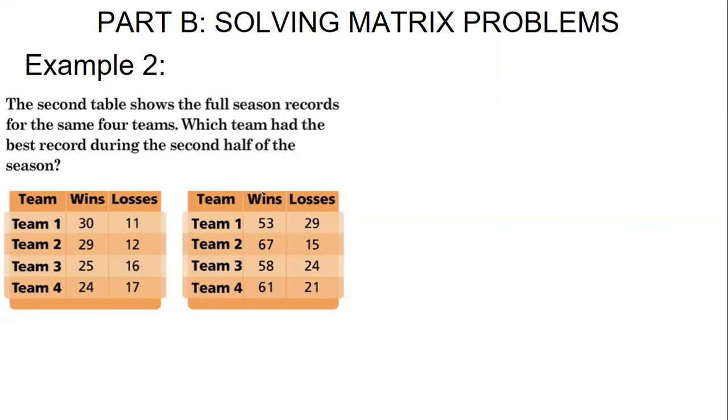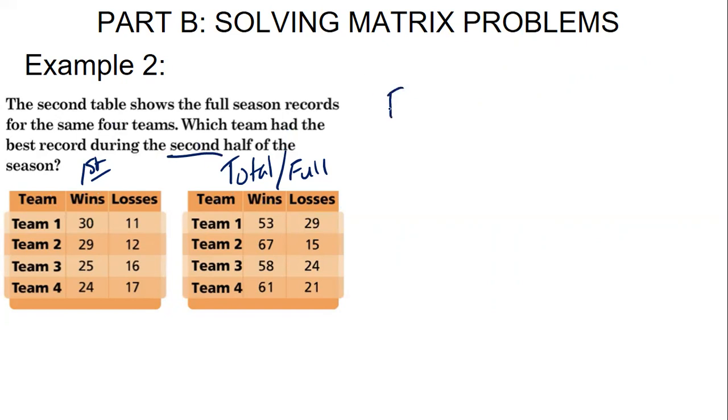The second table shows the full season, so this is the total. And therefore the first table shows us their first half of the season.